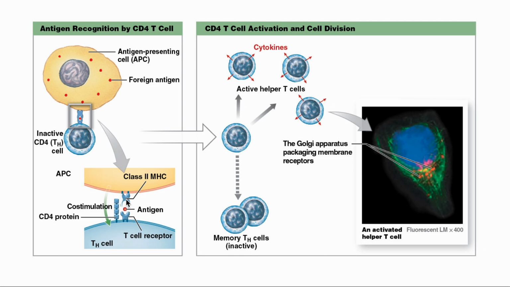So here's our antigen being displayed, and this helper T cell comes along and it has a receptor that matches that antigen. And then also you can see the CD4 protein right here, and we get co-stimulation from the APC to the helper T cell that activates the helper T cell, which causes the helper T cell to form more active helper T cells and lots of memory cells.